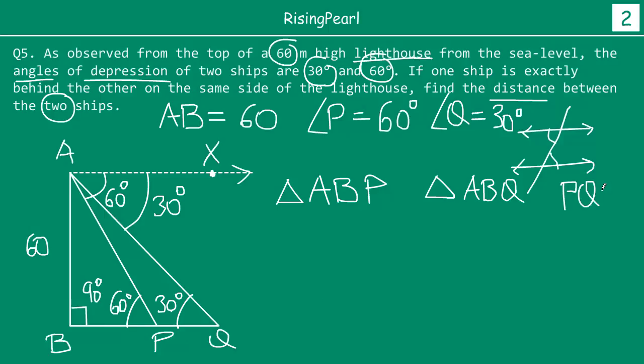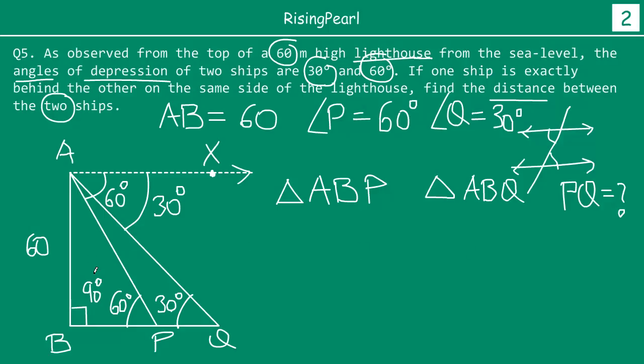That is what we need to find out. Our strategy will be, we are going to find out BQ, the big length, then we are going to separately find out BP, the small length, then PQ will be equal to BQ minus BP. That is how we are going to approach this question.